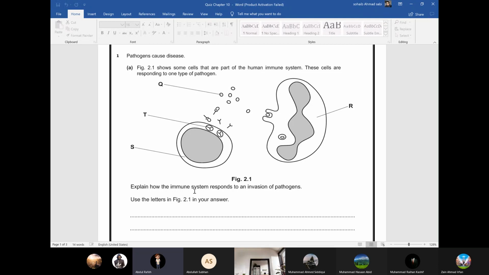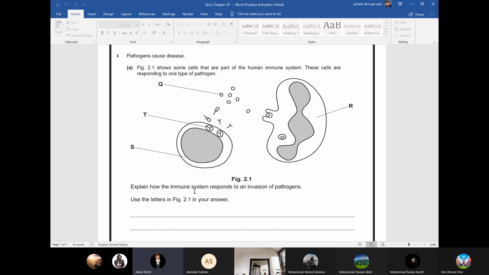Sir, R is phagocyte, and the other one is lymphocyte. Very good. What is the reason? Sir, lymphocytes, they eat the pathogens, they digest or eat the pathogens.